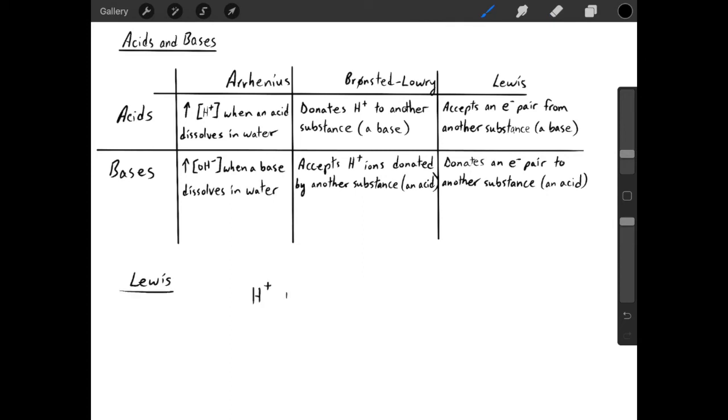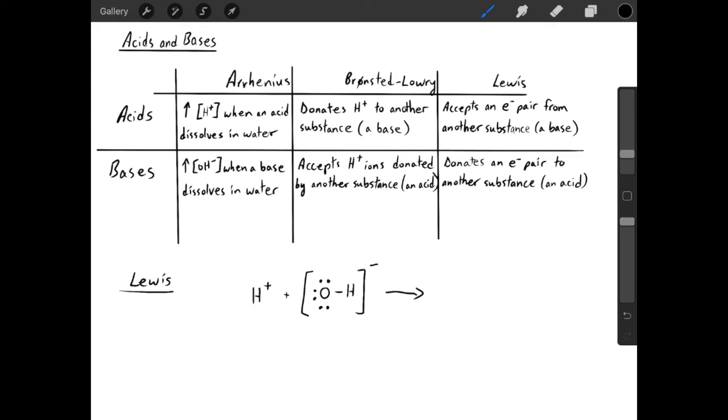The Lewis model for acids and bases also implies a chemical reaction, just like the Bronsted-Lowry system. And with the Lewis system, it's really important that you know how to draw the Lewis structures, because the Lewis structures are going to allow you to identify which materials have the electron pairs that can be donated or accepted.